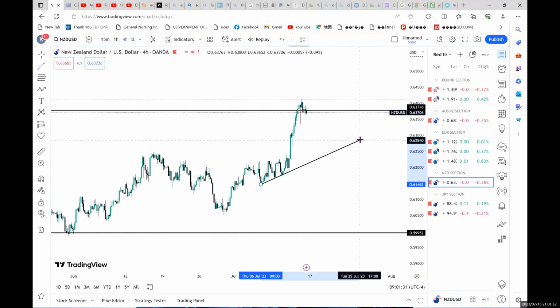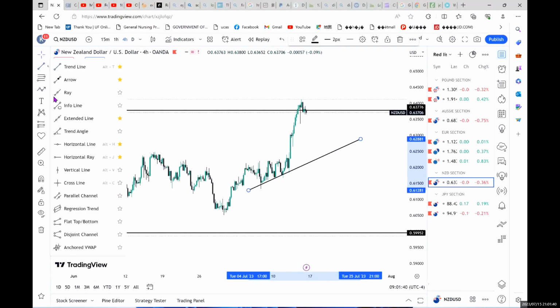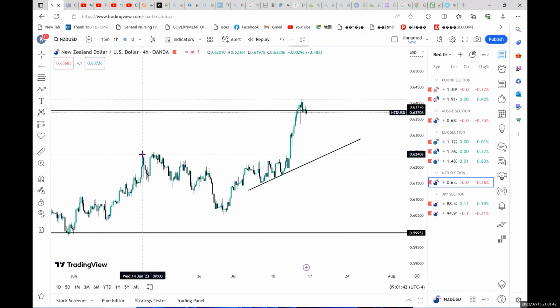We have this little trend line right here, and then we have this area here. This is the lower high that was broken. So I'm looking for sales on NZD/USD back down, possibly into these levels here. This level right here would be a good area to look for.